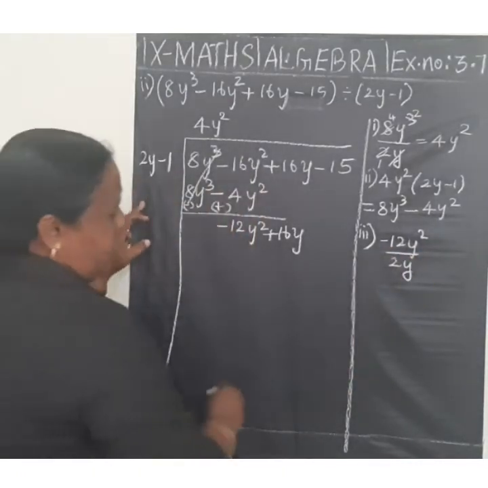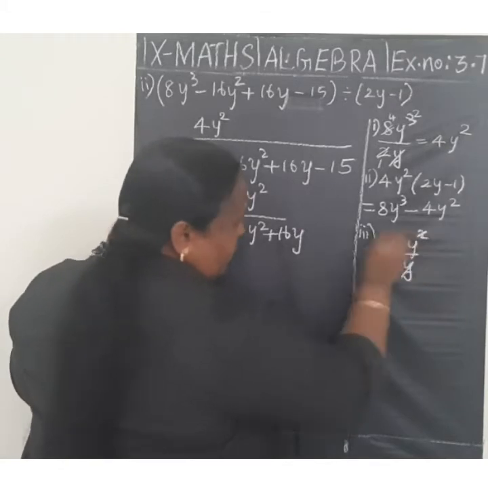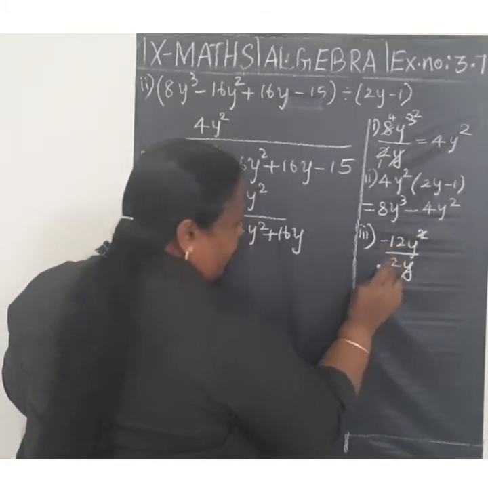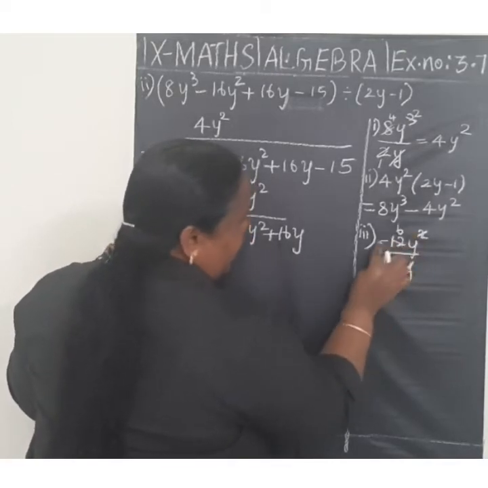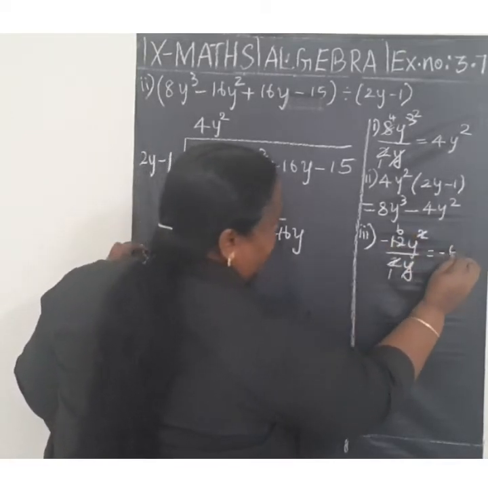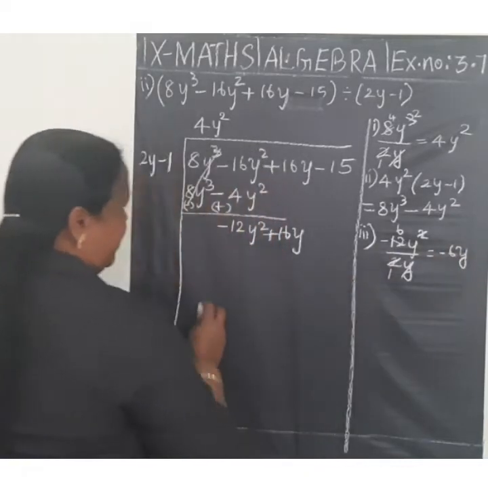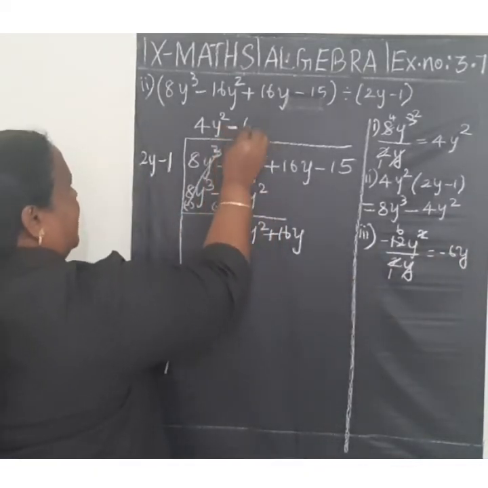Now when we divide, y and y square, one y goes off. Here 12 divided by 2, 6 twos are 12, so 6, and the minus sign is there. So minus 6y, which we write in the quotient.